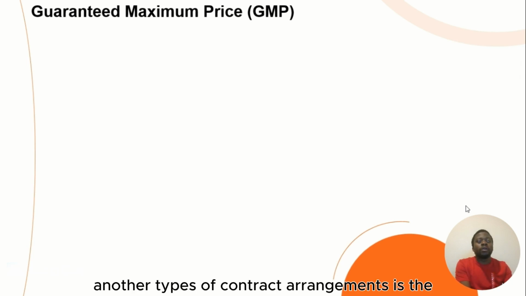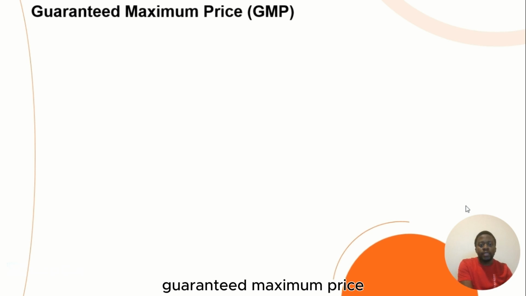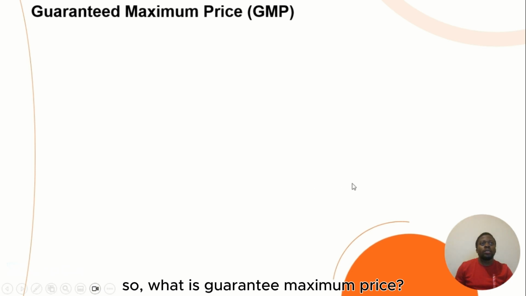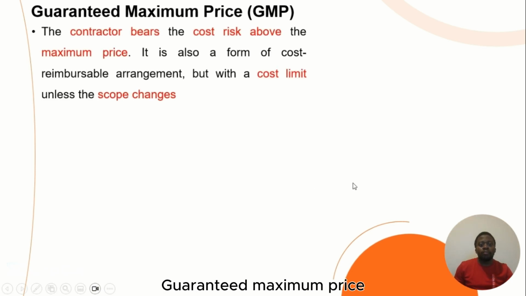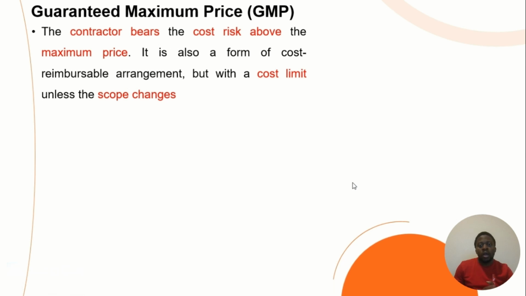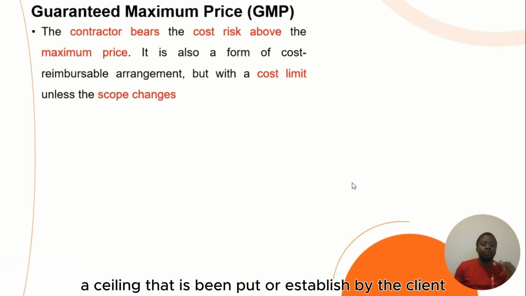Another type of contract arrangement is the guaranteed maximum price. So what is a guaranteed maximum price? It is where the contractor bears the cost risks above the maximum price. There is a maximum price, a ceiling, that is put by the client.